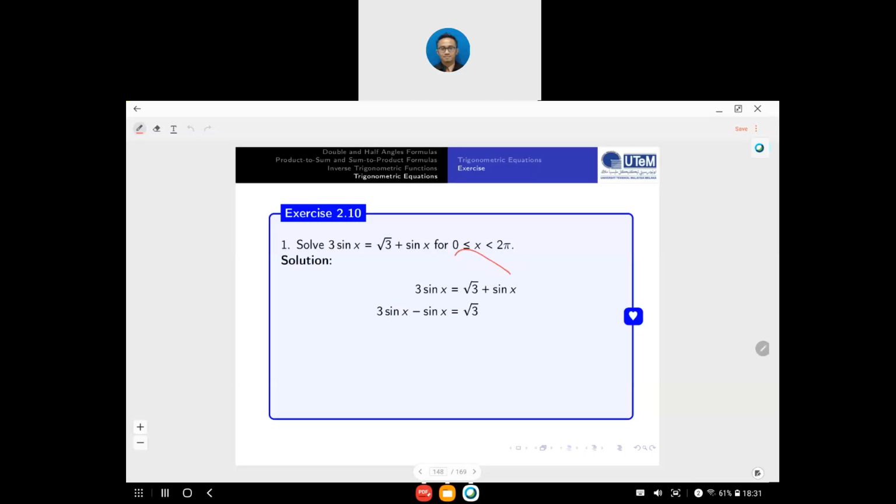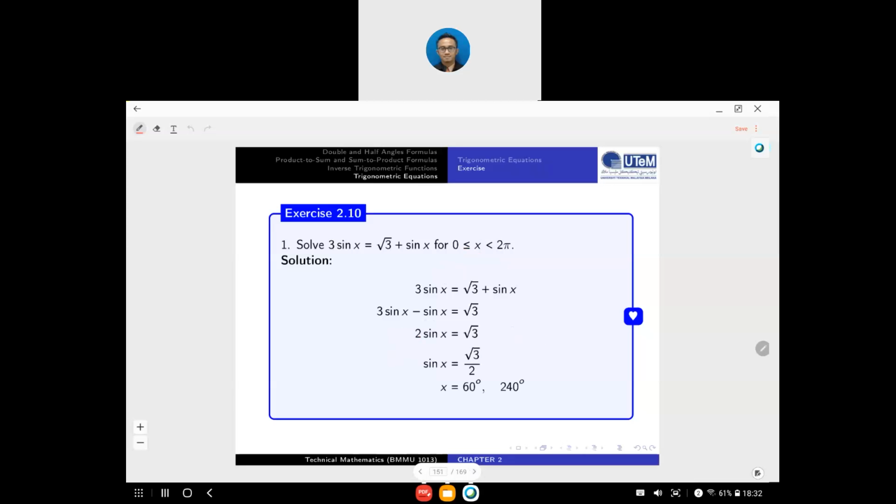Ni sin x boleh pergi sebelah lah. Equal to sec 3. So 3 sin x minus sin x become 2 sin x equal to sec 3. And then sin x equal to sec 3 over 2. So you can get value x.